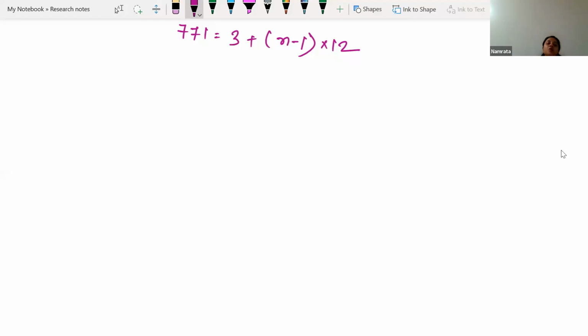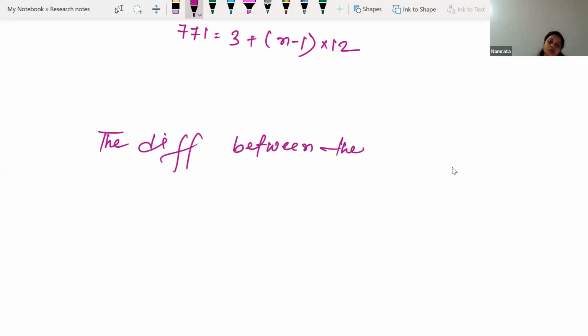Two APs have the same common difference. The difference between their 100th terms is 100.